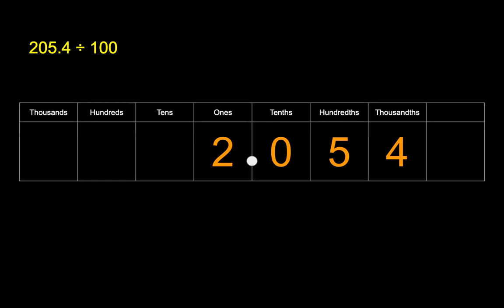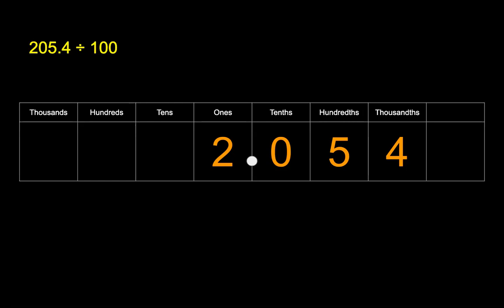Now, some of you at this point are starting to think to yourself, well, can't I just move the decimal point? Well, no, you can't. The decimal point doesn't move. I know it looks like it does, but if somebody teaches you to move the decimal point, it will make your understanding of numbers that much more difficult.